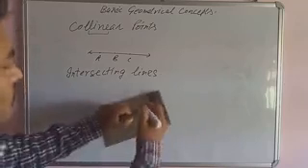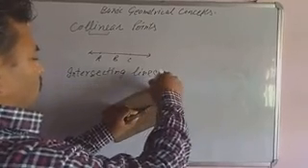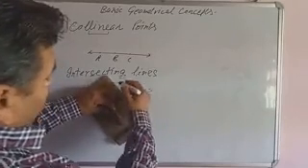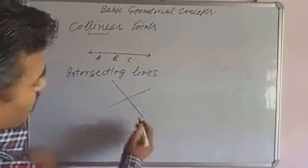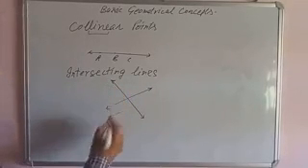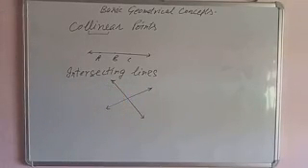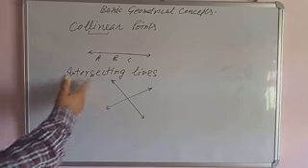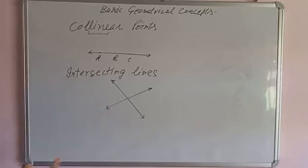Suppose when 2 lines in a plane cut each other at a point, so they are called intersecting lines. So we have seen the symbol of plus and the symbol of multiply. Those are examples of intersecting lines.